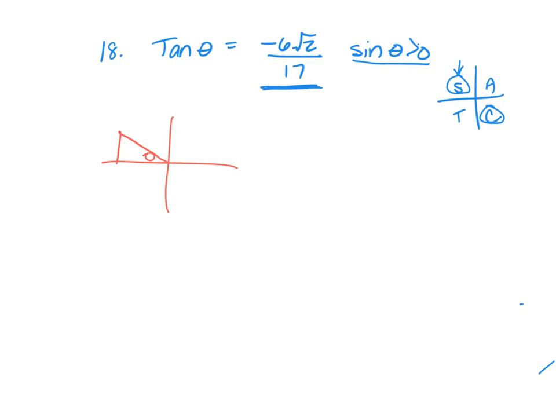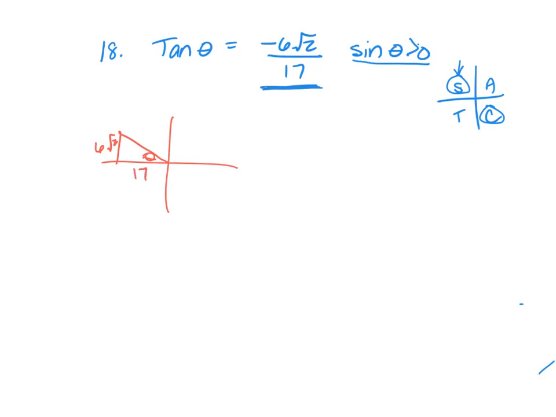Tangent is opposite over adjacent. So I did that wrong. Opposite is here, and adjacent is here. Everybody get that?